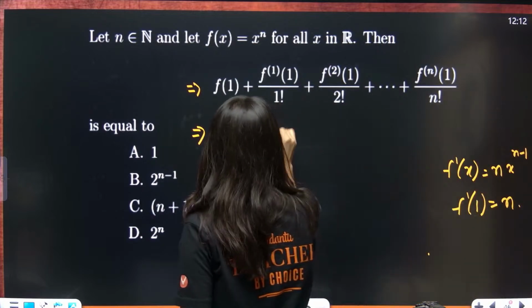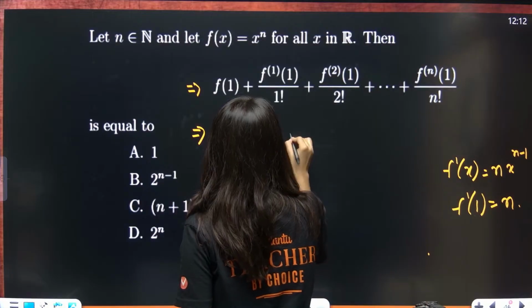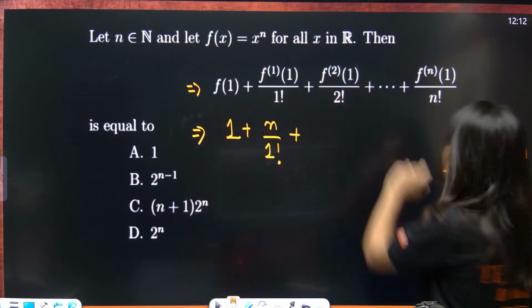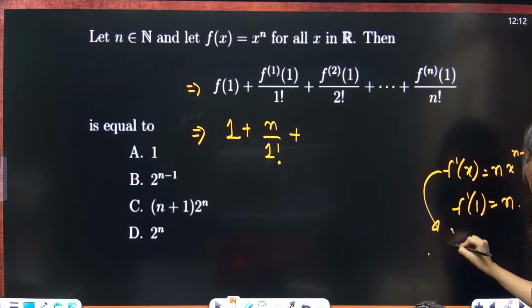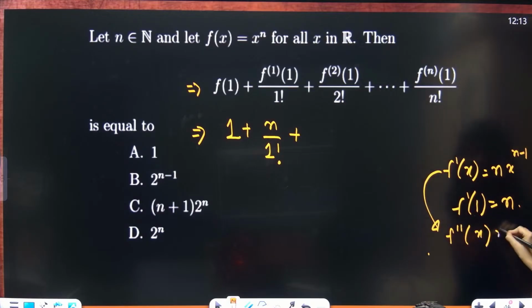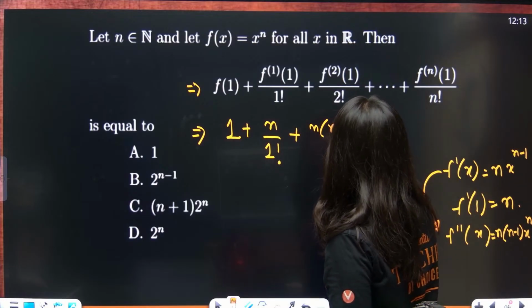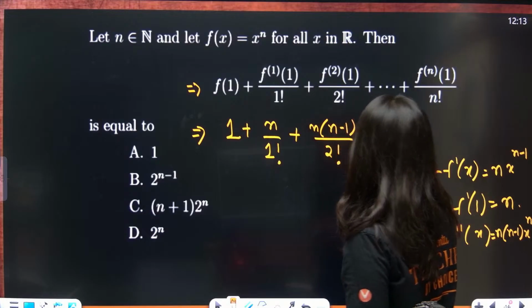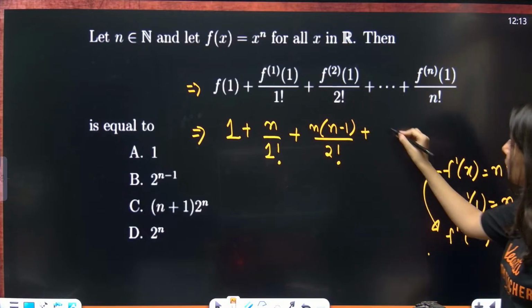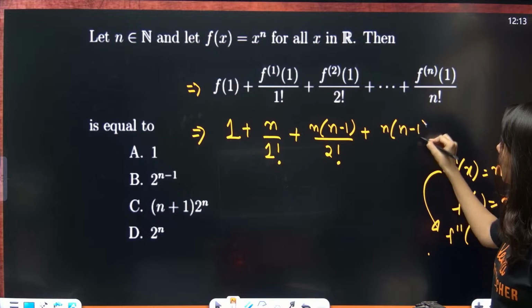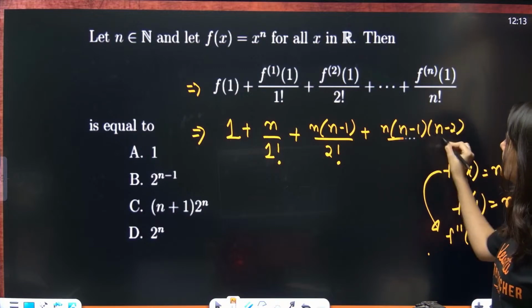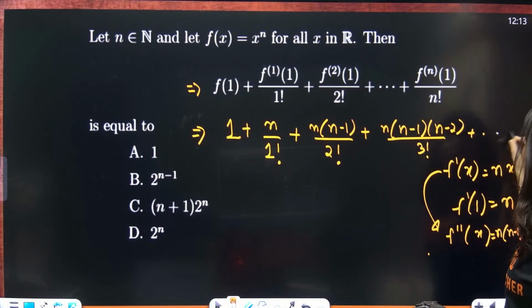So this is n upon factorial 1 plus f double dash of 1. Let's differentiate it one more time: n into n minus 1, x power n minus 2. Put x equal to 1, n minus 1. So this is n into n minus 1 upon 2 factorial. Okay, we are getting it. Next would be n into n minus 1 into n minus 2 upon 3 factorial and so on.